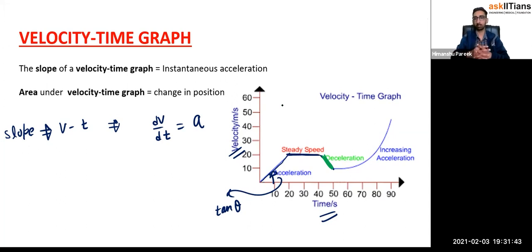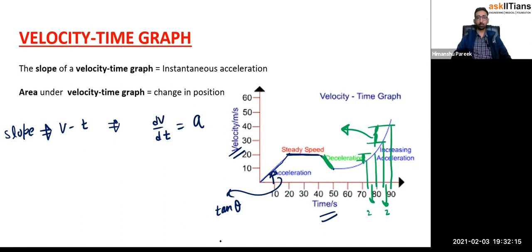But for non-linear graphs, like in this example, if you take equal intervals of time, say 2 seconds each, then in one interval the increment is slight and in the other the increment is very high.